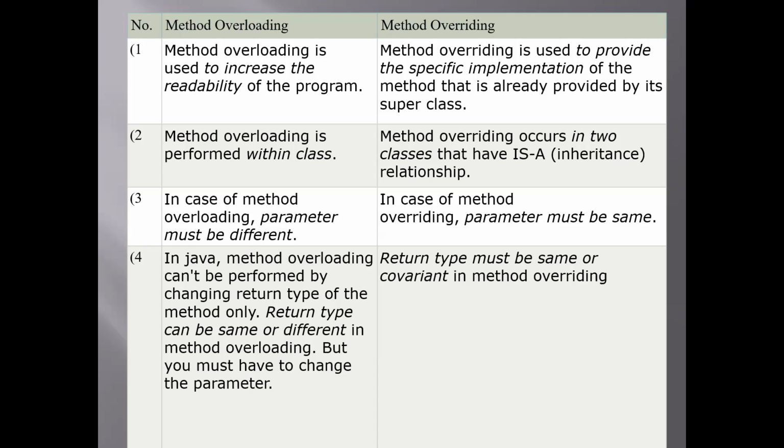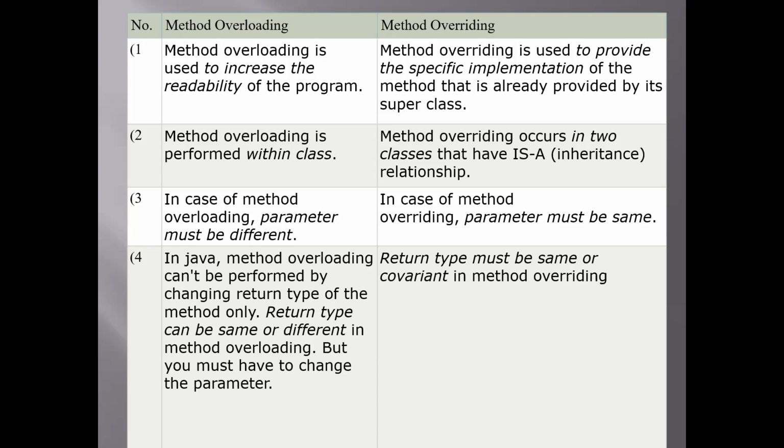Last, method overloading can't be achieved only by changing the return type. I mentioned this already. Either you change parameters or else there is no overload. You cannot have the same method name with the same parameters, change the return type, and expect it to be overloaded.